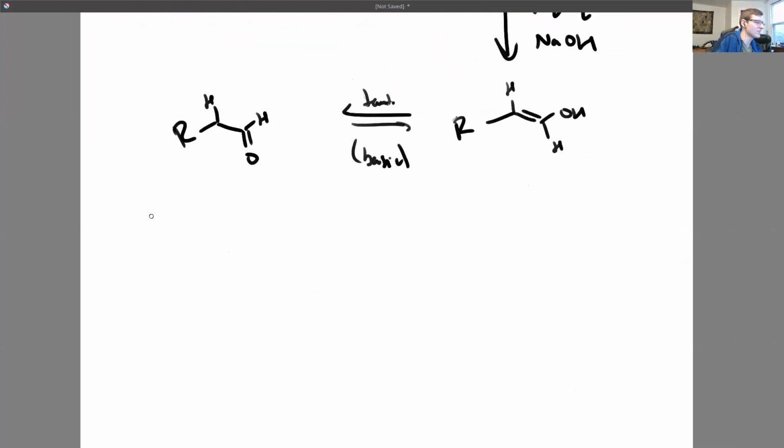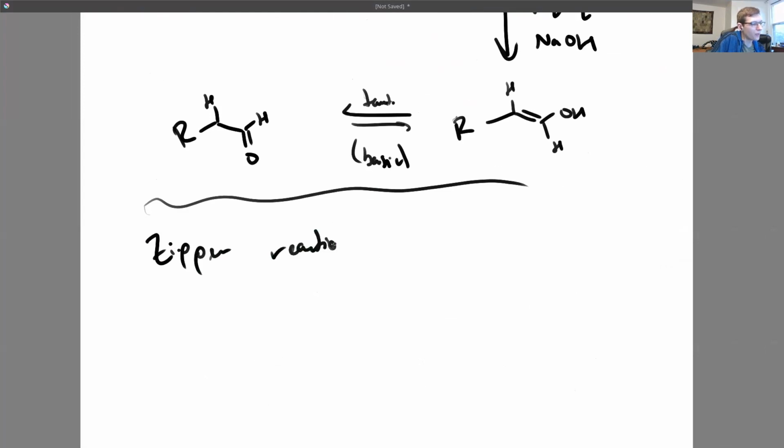Okay, anyway, last reaction. So this is the zipper reaction. And well, I know I was watching the lecture because, when I took the class, they didn't actually even cover this reaction. It was talked about in the lecture, but it didn't seem like he talked much about the mechanism.